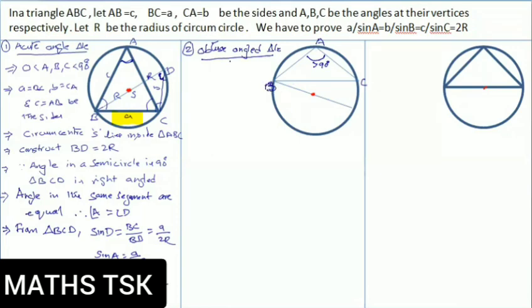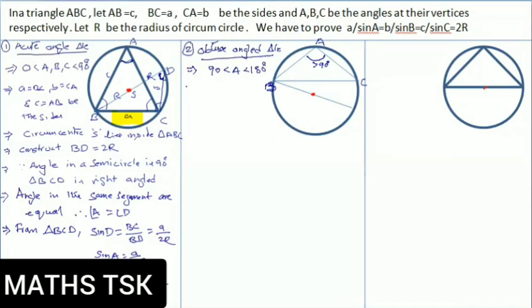For the obtuse case, the first point, which in the acute case was 0 less than A, B, C less than 90 degrees, is now 90 degrees less than A less than 180 degrees. It will be very easy when you write the angle first in all the cases.